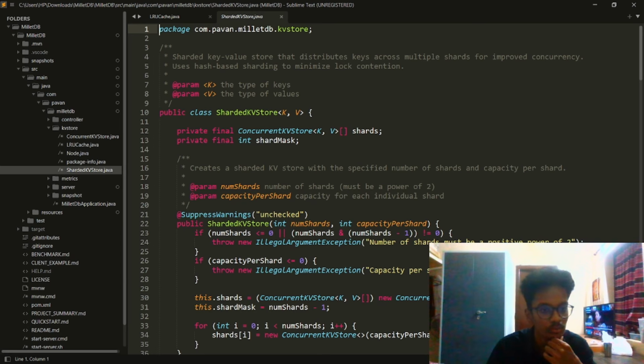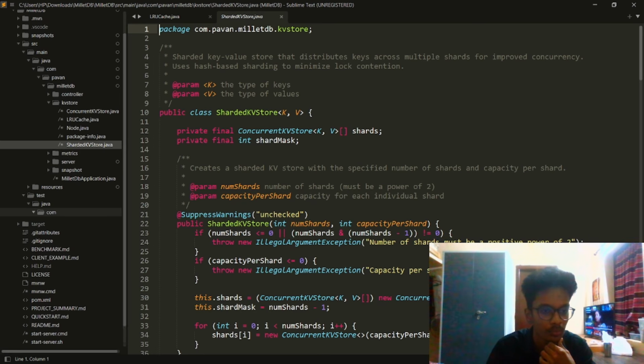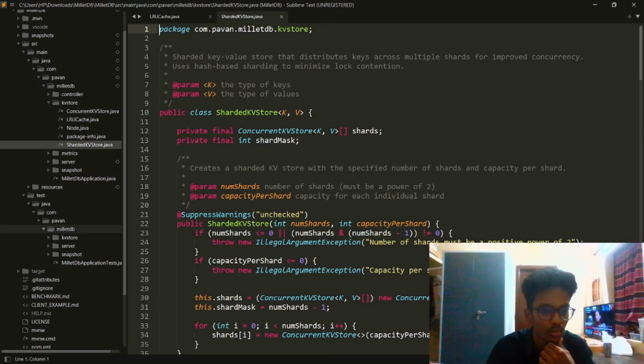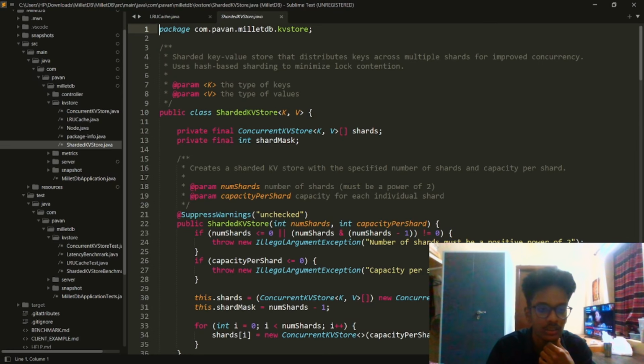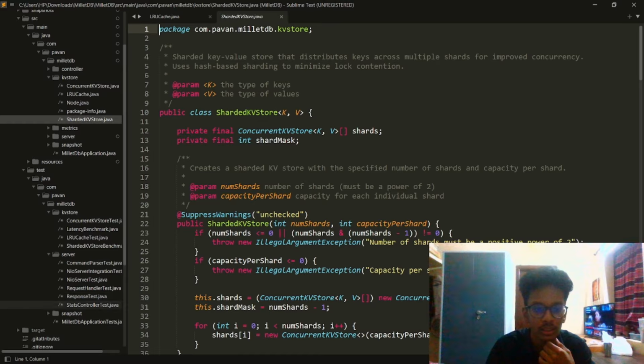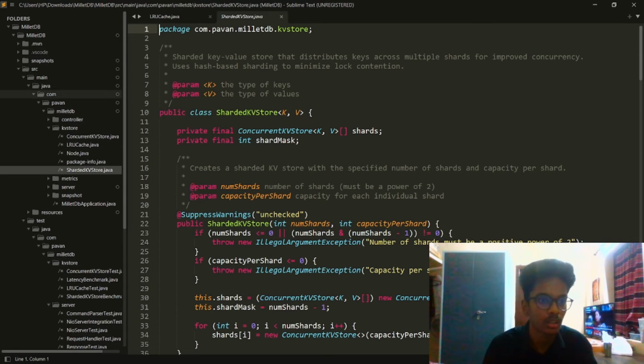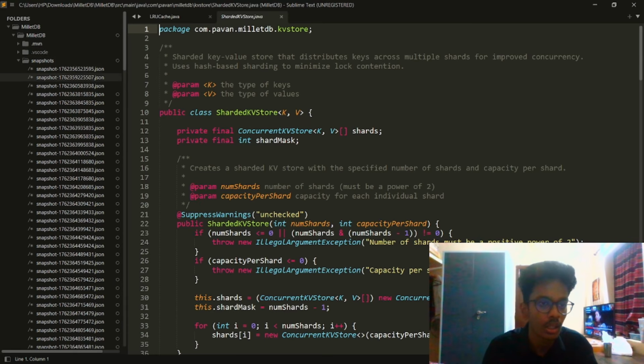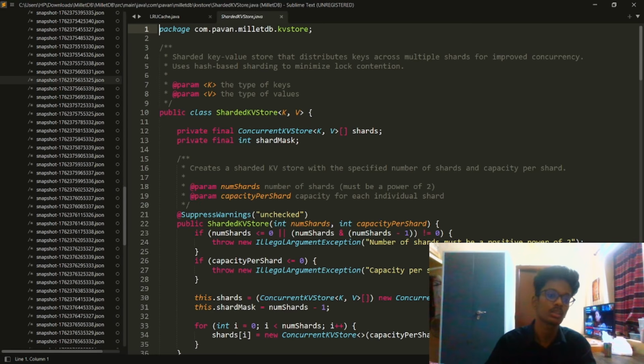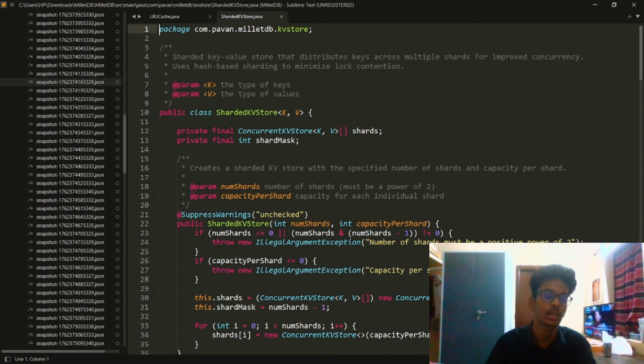Now I have done several testing on it with JUnit. I tested the key value store separately, server separately, and the snapshot feature. This is something I really loved about the database. It continuously gives you these snapshots. If the server is running, the server is continuously monitored by these snapshots.